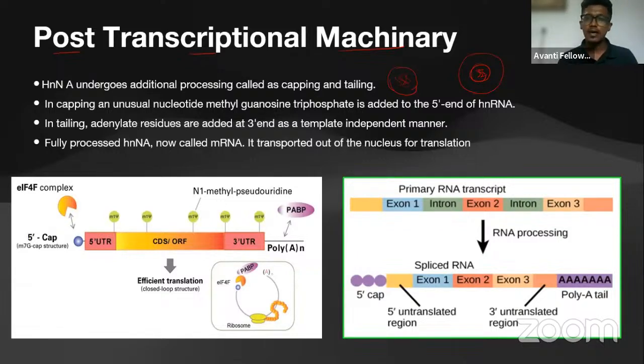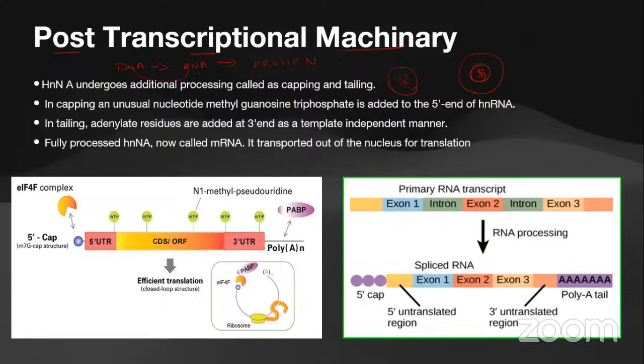So what happens, guys, here, the rate of transcription. See, for example, what is the role? DNA is read into RNA, and RNA becomes what? Finally, it is protein. Correct? So we know that this is the central dogma. The process from DNA to RNA is called transcription.